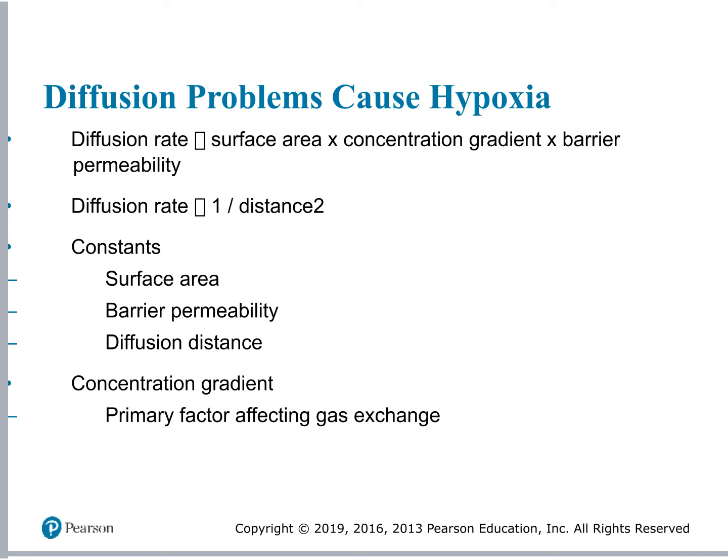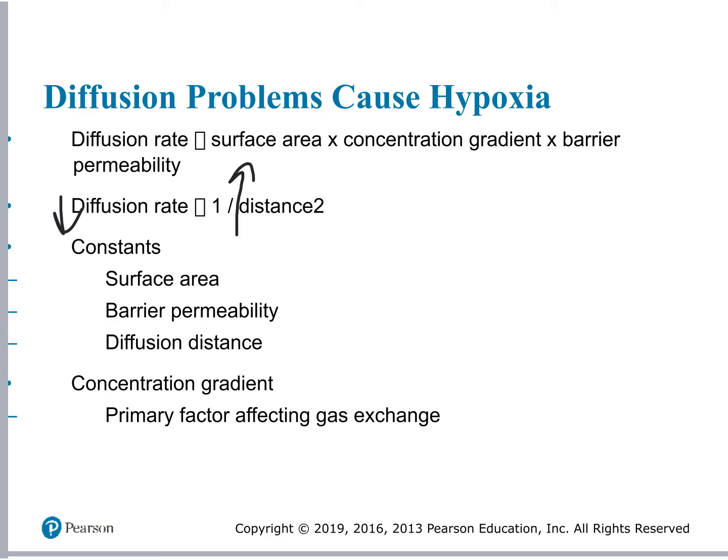And then the other formula that we looked at in chapter 5 that had to do with diffusion rate is distance. Distance has an inverse relationship to the diffusion rate. So as the distance between two points increases, the diffusion rate is going to decrease. So anything that increases the distance between the alveolus and the pulmonary capillary will decrease the diffusion rate.